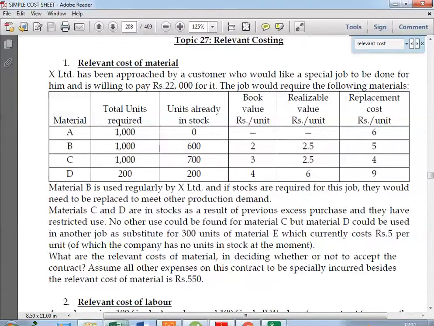Material D is currently fully available in stock. So the company can do either of the following with this.